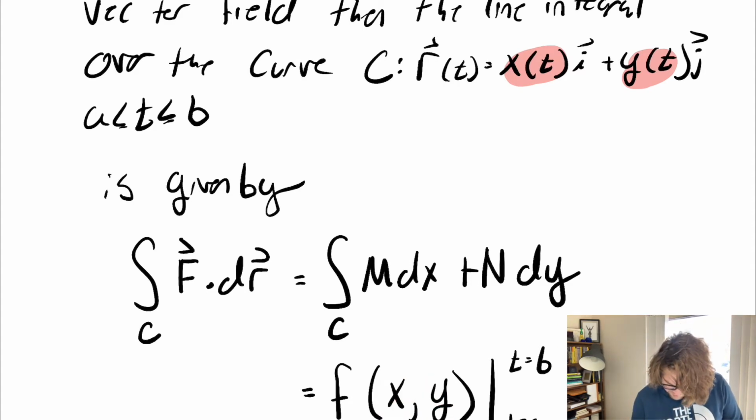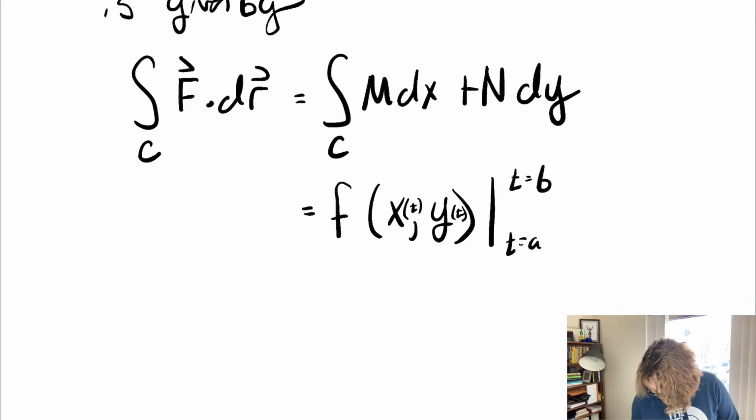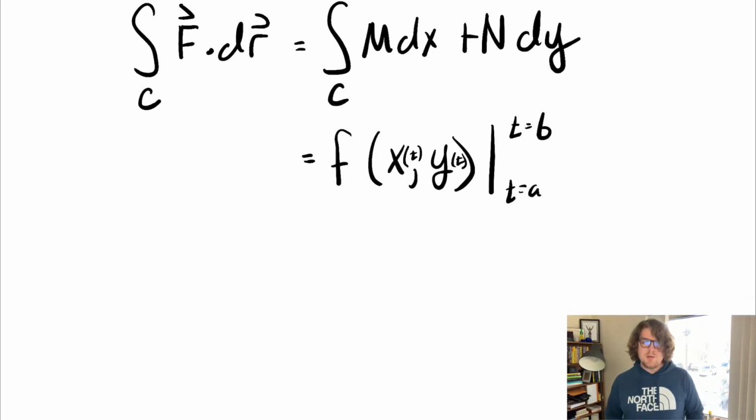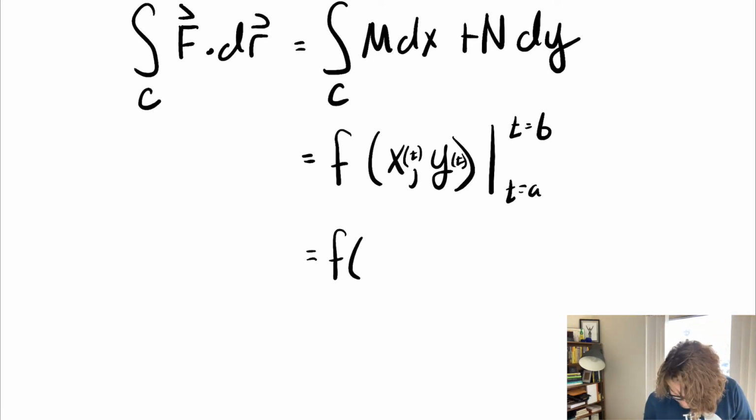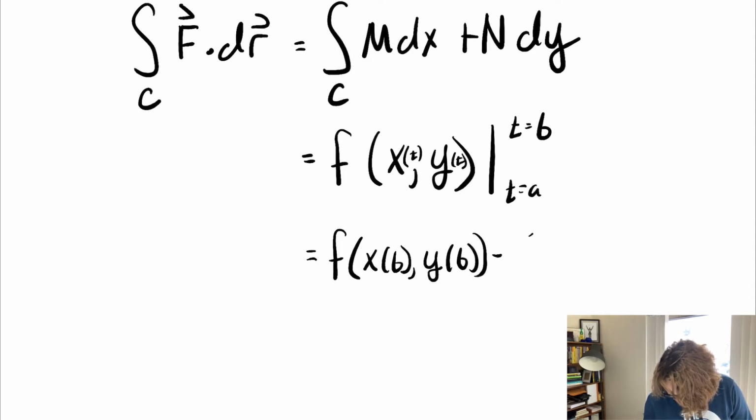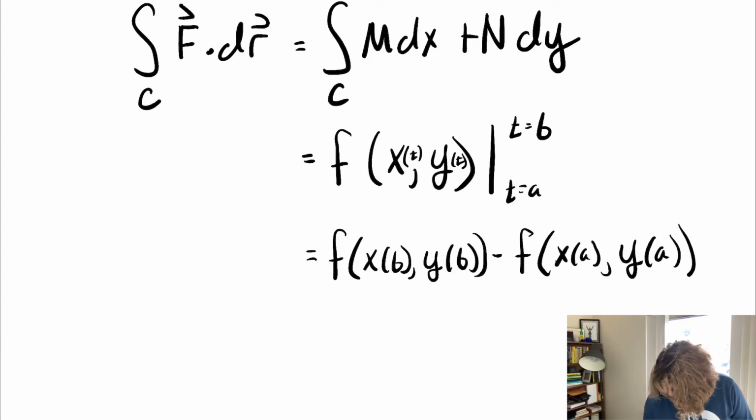So what we're going to have is f of x of t and y of t. Okay. So this is just going to behave exactly the same way as a definite integral from Calc 1 would behave, where here we're going to have lowercase f of x of b, y of b, minus f of x of a, y of a.